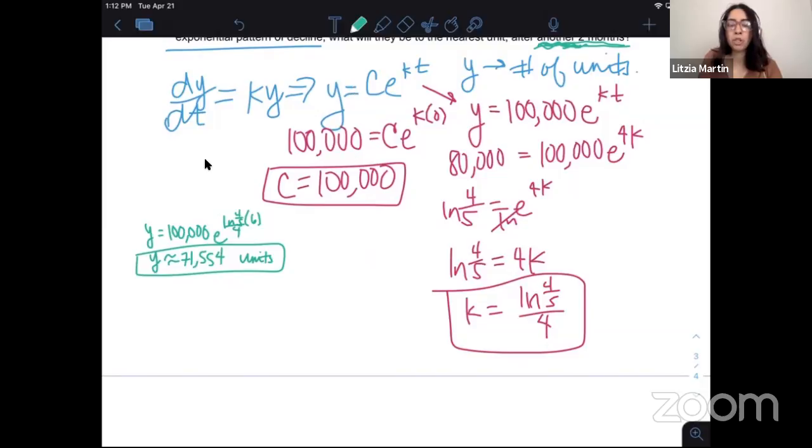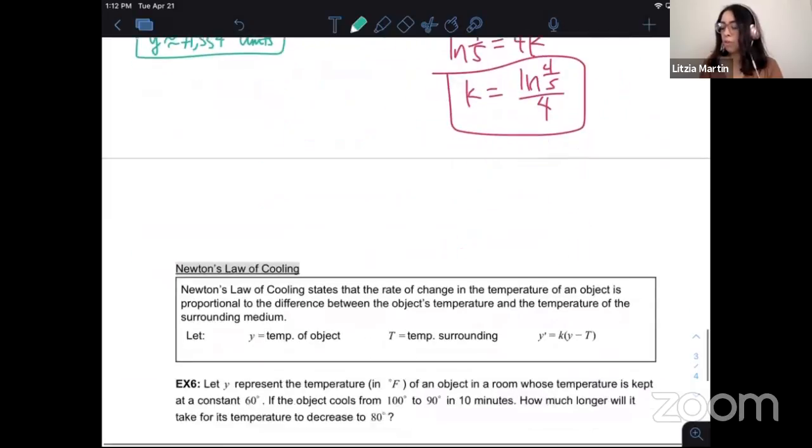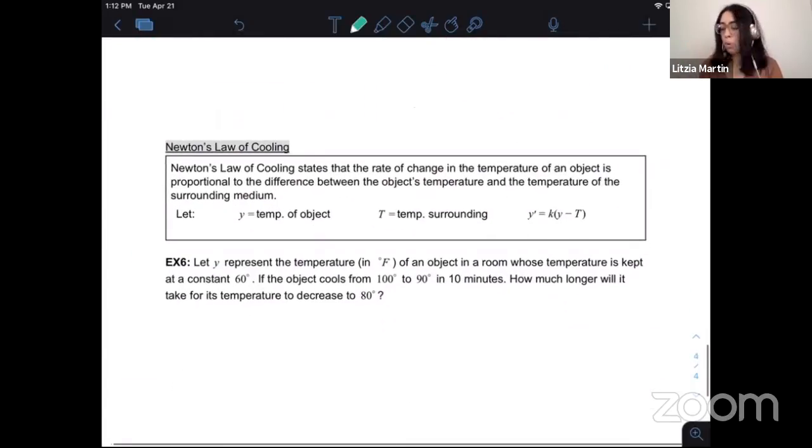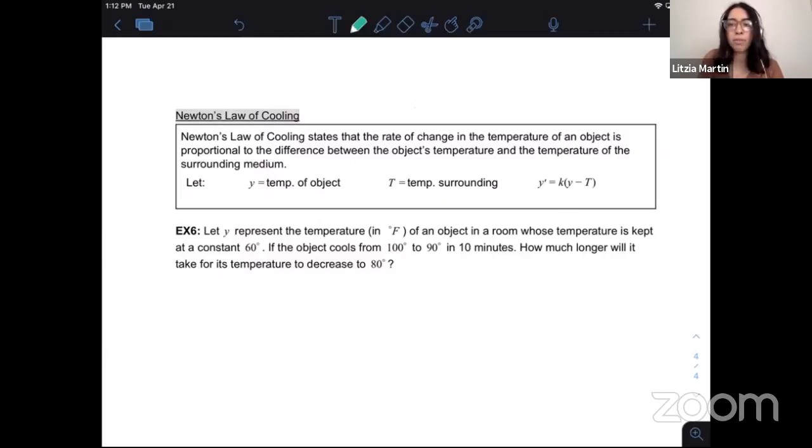But I want to show a video to you all that has to do with Newton's law of cooling. So it's going to go through what this theorem is and kind of break it down for you. And hopefully you guys enjoy it. So I'm going to stop sharing this screen and share another screen with you all.